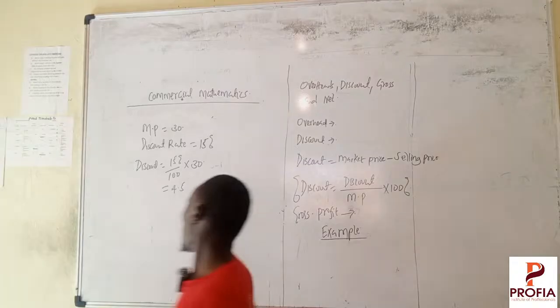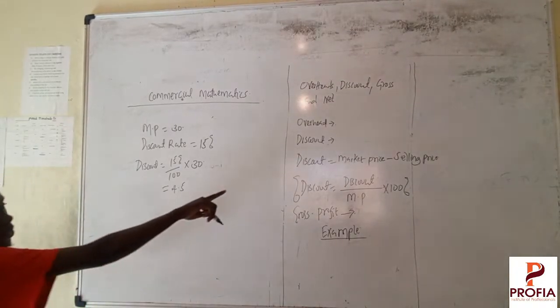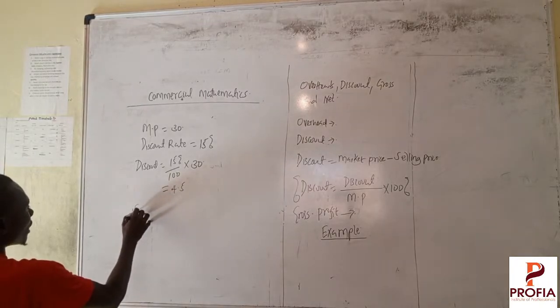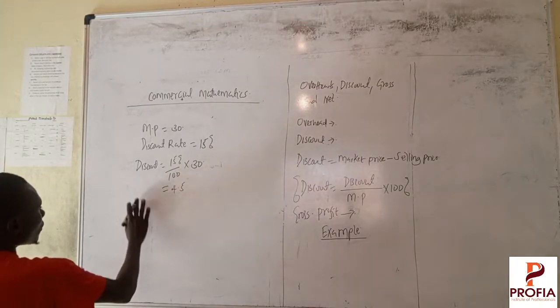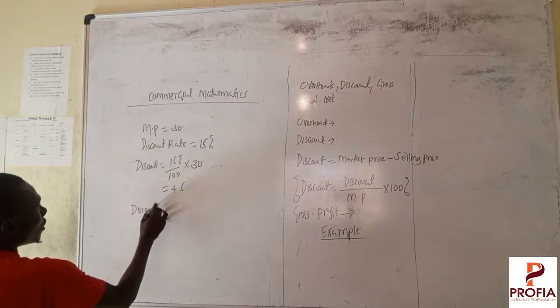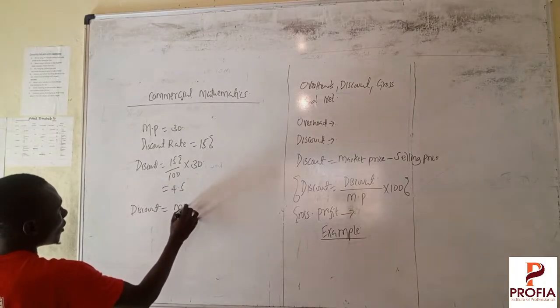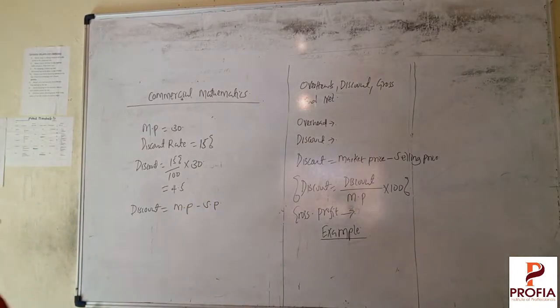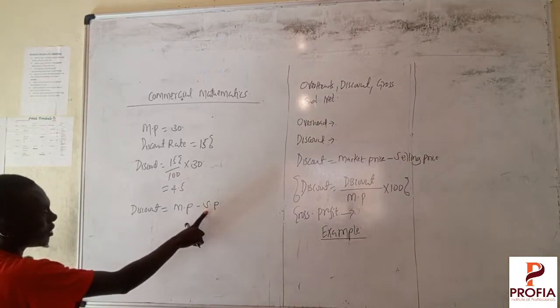And we can only get the selling price from the formula of discount. So discount is equal to market price minus selling price, and they want you to calculate the selling price.